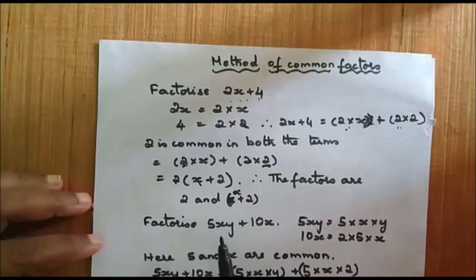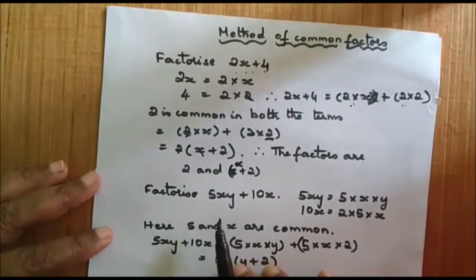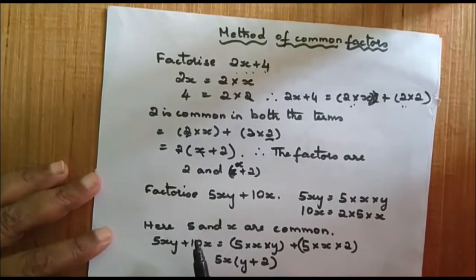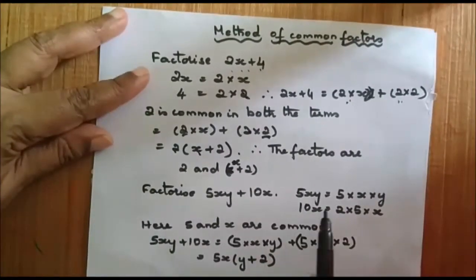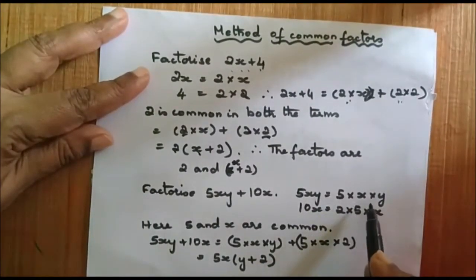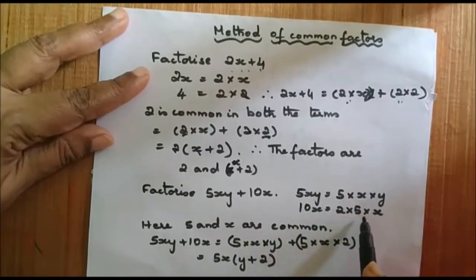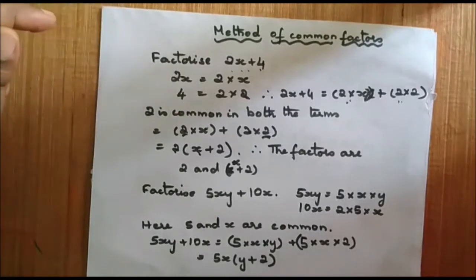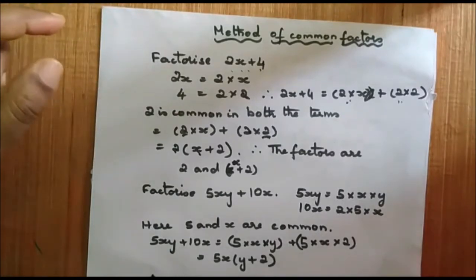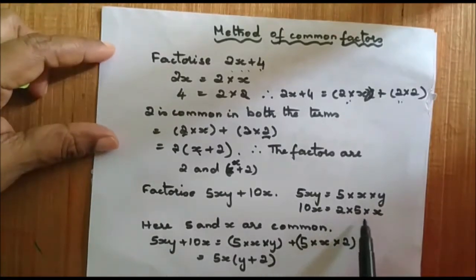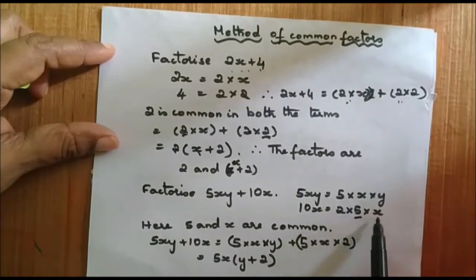Now let me factorize another expression, that is 5xy plus 10x. Now how do we write 5xy? We can write 5xy as 5 into x into y, and 10x can be written as 2 into 5 into x. Now what are the common terms in both these terms? 5 and x are common in both, isn't it?